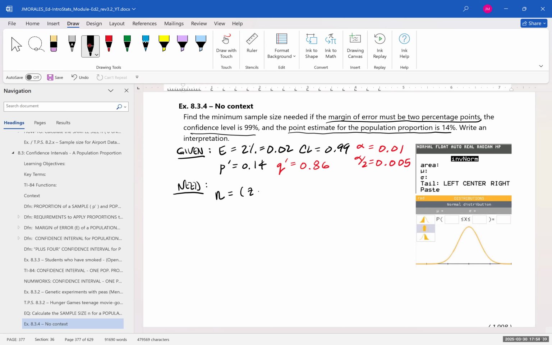That's going to be Z alpha over 2 squared times P prime times Q prime divided by the error squared. We need to figure out what our Z alpha over 2 is going to be, and we'll square it. P is 0.14 and Q is 0.86, all over E, our margin of error, which is 0.02, squared. So we just have to figure out what our Z alpha over 2 is.